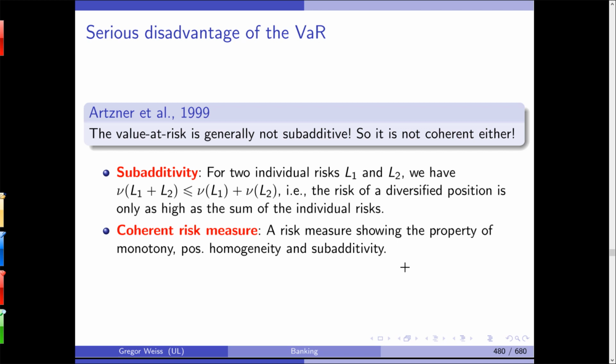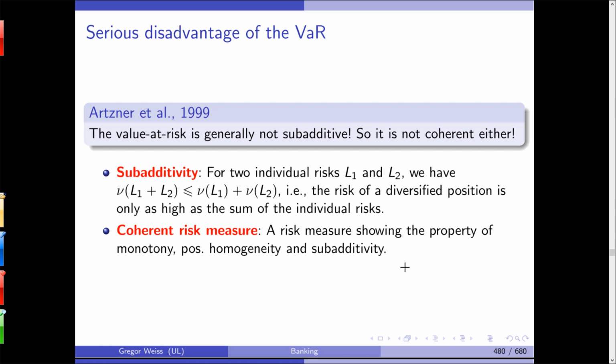And monotony means that, for example, if on any day position A loses 5 euros and position B loses 10 euros, and it's strictly L1 or B is strictly larger than L2 or A, then the risk measure should also reflect this.